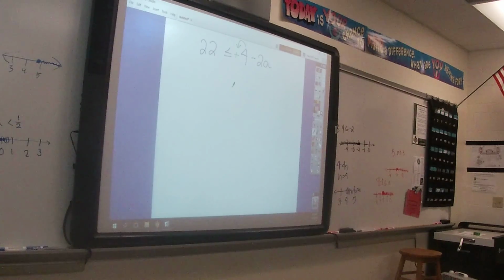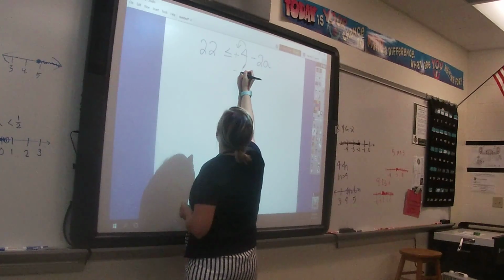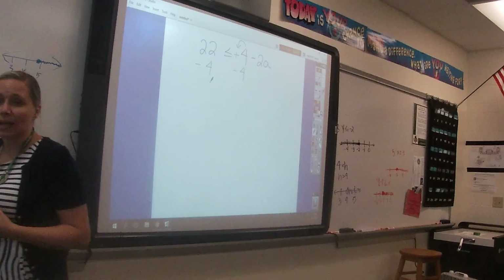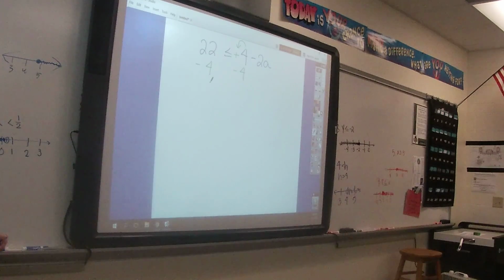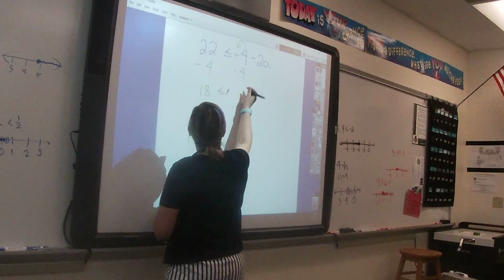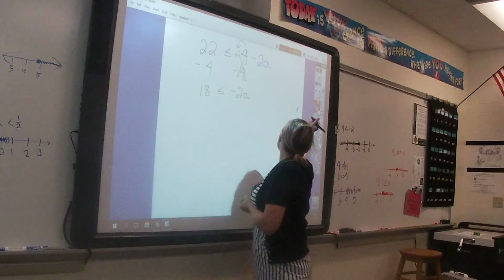If you weren't doing a very great job of that in our first unit, correct it now. We're going to do more practice with it. We'll undo a positive 4 by subtracting 4. Are we multiplying or dividing by a negative in this step? No. So 22 minus 4 is 18. What am I left with over here? Negative 2a. Excellent.